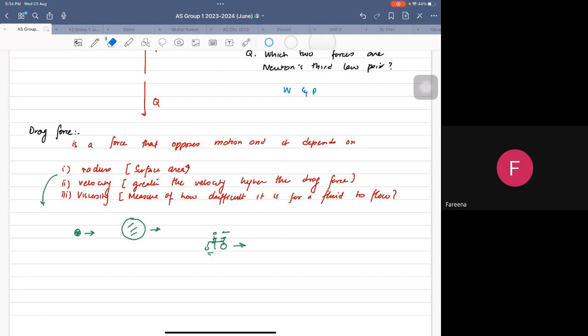It has more viscosity than water, right? So it means drag force increases with the viscosity. If it's a thicker material, then obviously it would resist motion more. Is it clear? Yes. Okay, very nice.